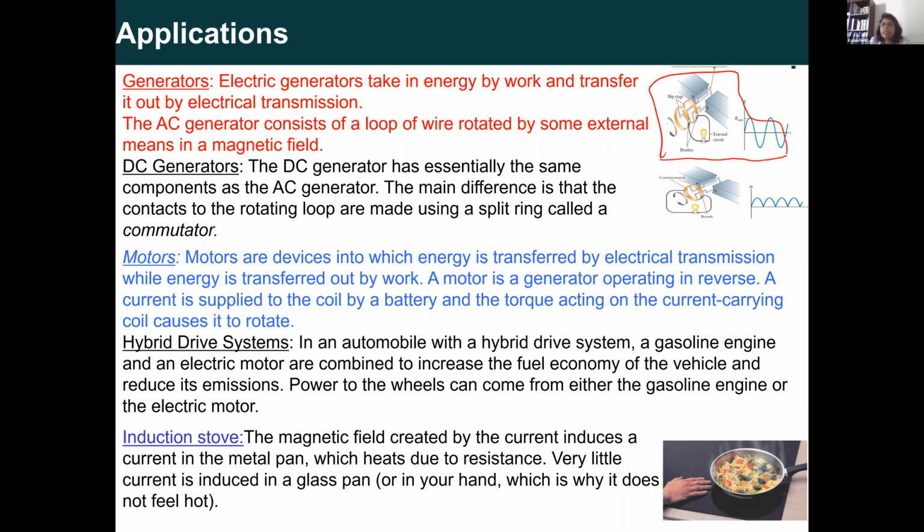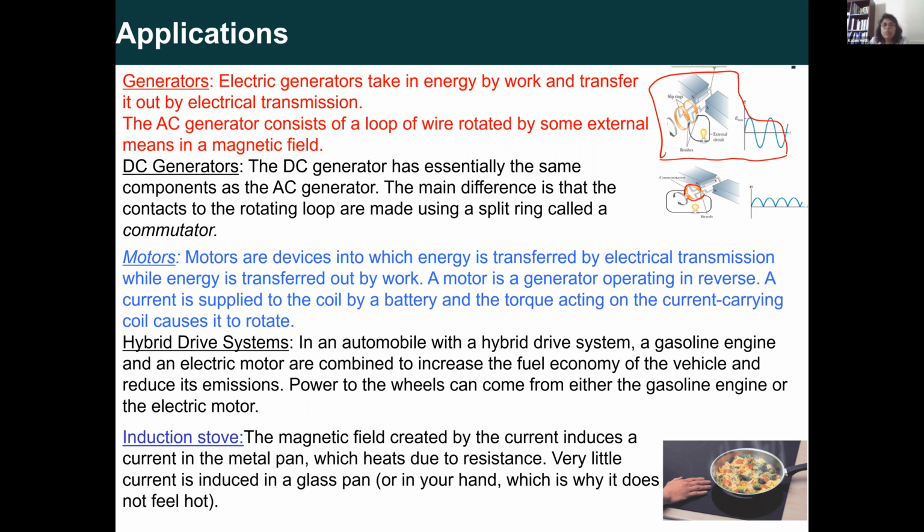Electric generator. And then the DC generator will be similar to the AC electric generator, but the difference is that there is a rotating loop that is made from a kind of split ring called the commutator. So we have this kind of thing that we can use to do the coil rotation back and forth by using this DC generator.